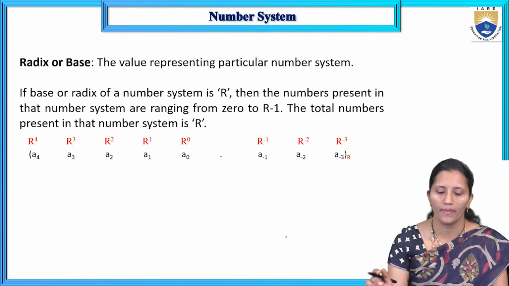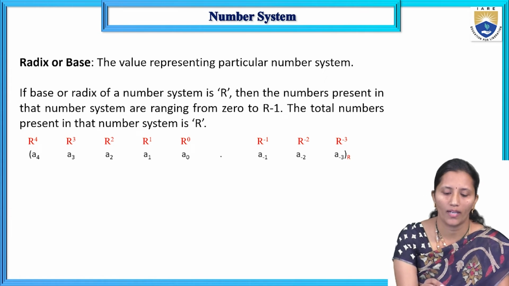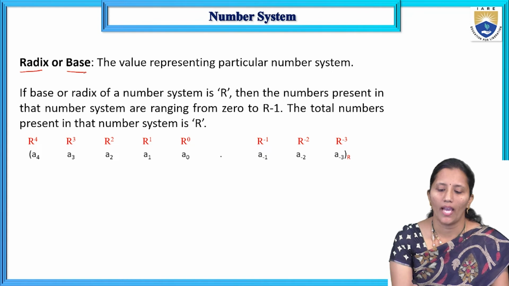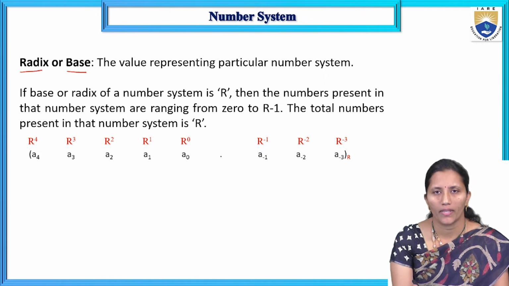First we have to know what the radix or base is. The value representing a particular number system is known as the radix, either 8, 16, 10 or 2. 10 represents decimal, 2 represents binary, 8 represents octal, and 16 represents hexadecimal.